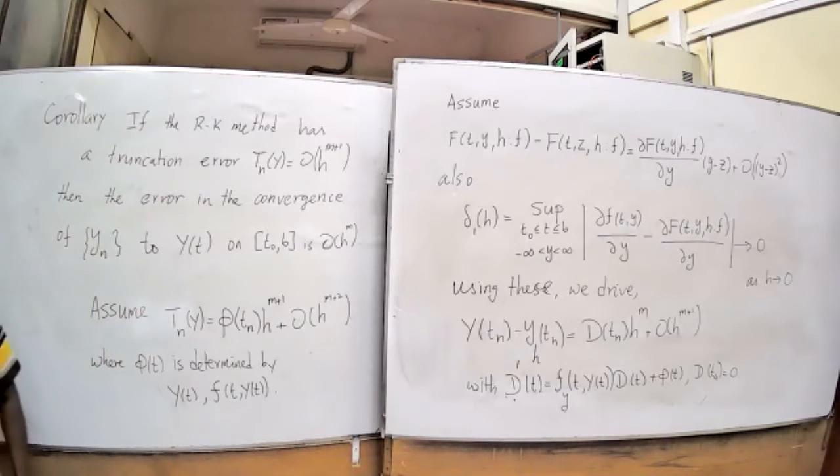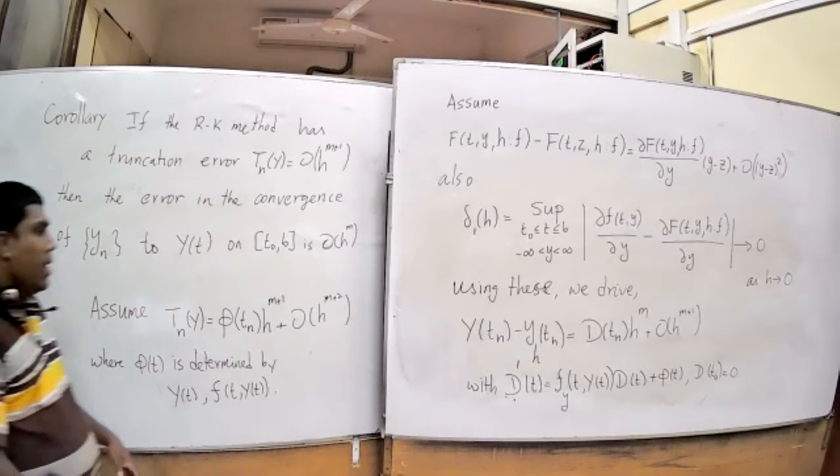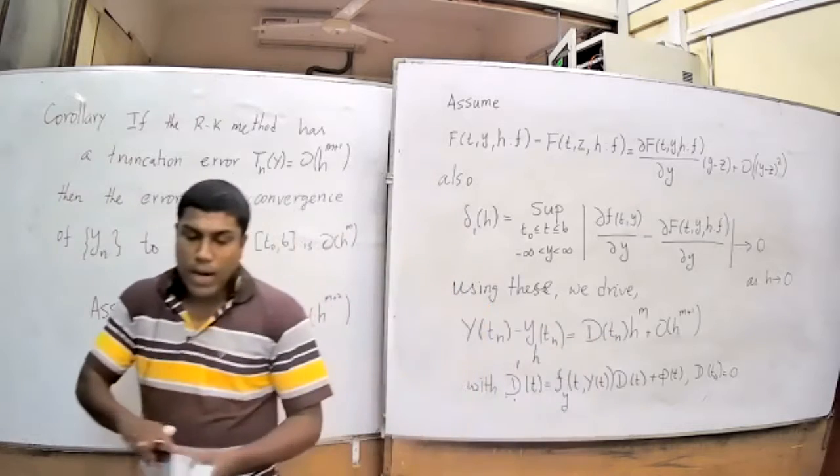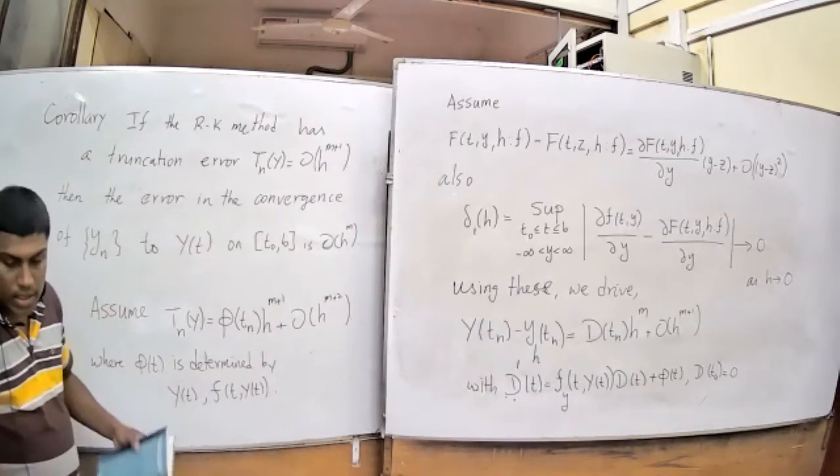So we can derive such a formula here. You can see that this error is of order h to the power m, so hence you can easily see that.